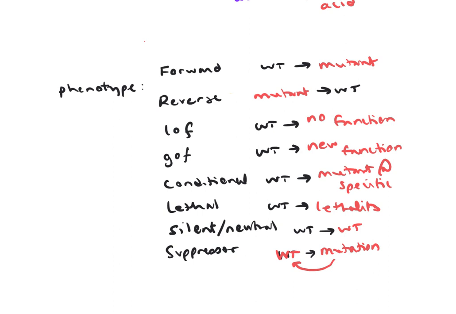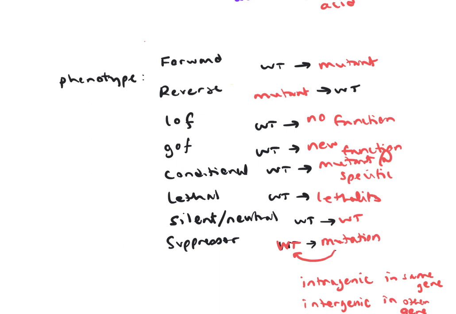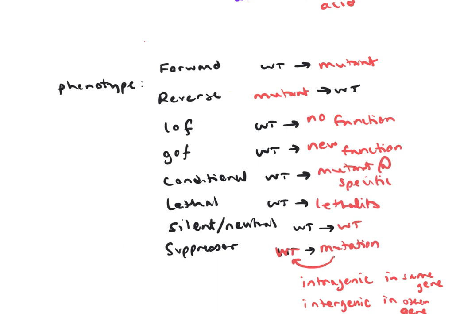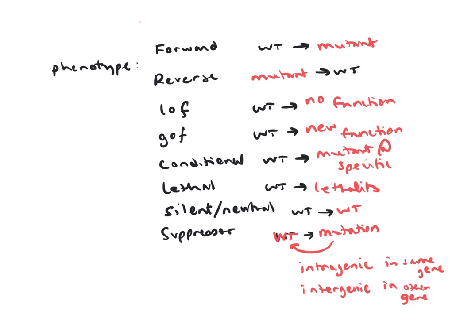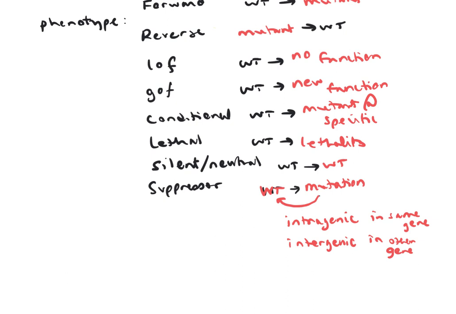It doesn't have to be a different gene, because we saw intragenic suppressors. Regardless, it needs to be a different mutation. It needs to be a mutation somewhere else, whether it's in the same gene, which is an intragenic suppressor, or a different gene, an intergenic suppressor, that's taking that phenotype back to wild type.